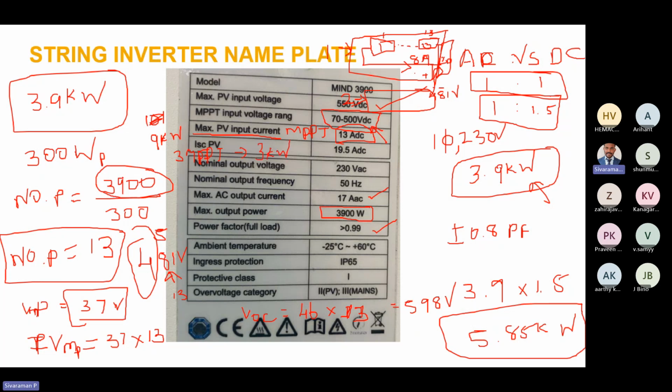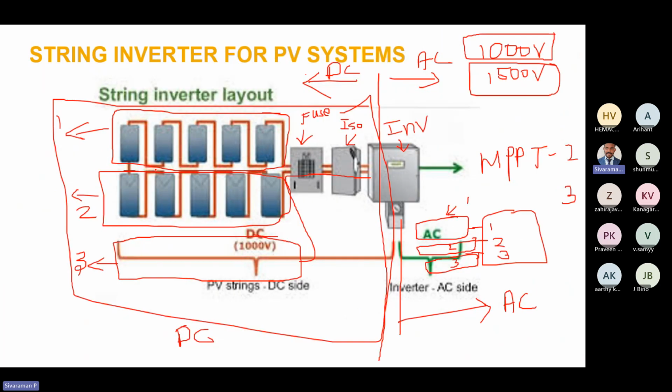So for calculating the number of panels, this becomes 3 kilowatt, and you have to design the stringing for 3 kilowatt. The number of panels for the first string is based on 3 kilowatt, the second also for 3 kilowatt, and the third also for 3 kilowatt. That is 3000 watt, I'm writing here.